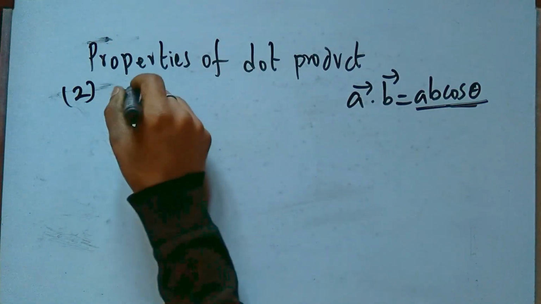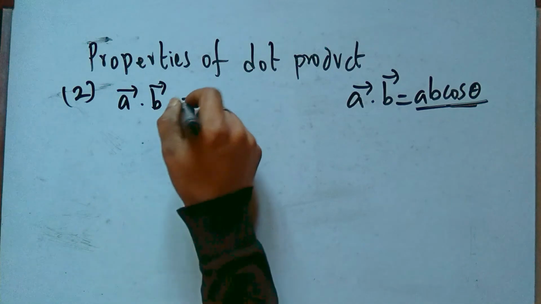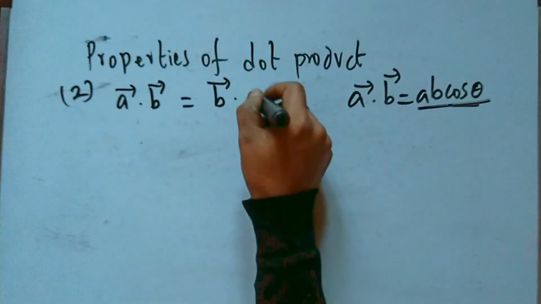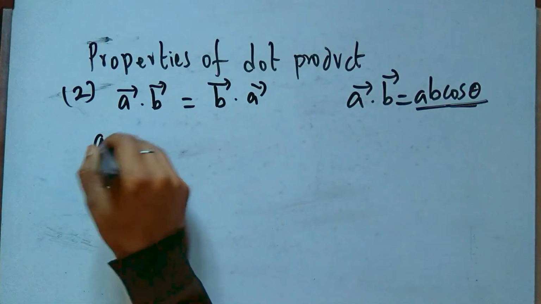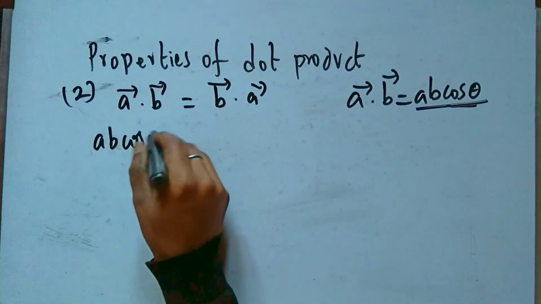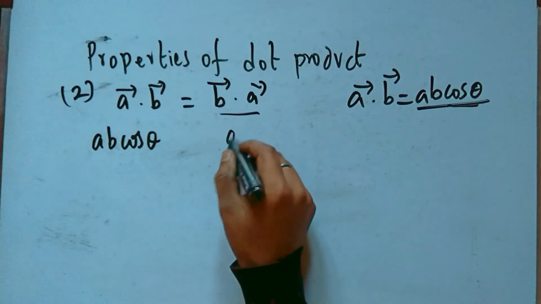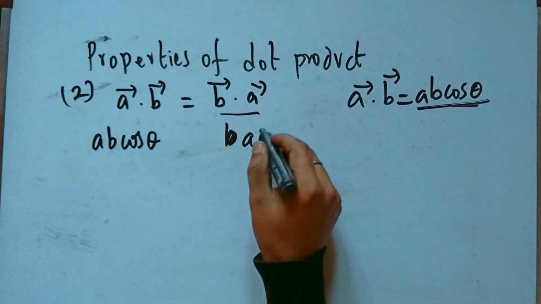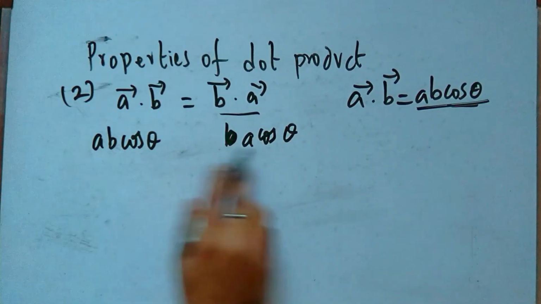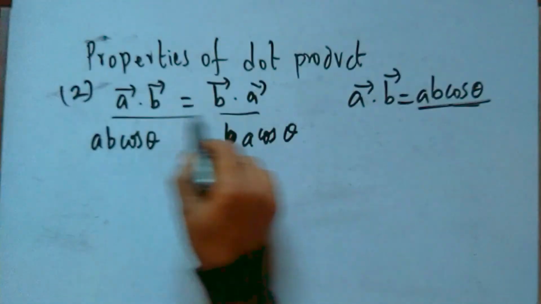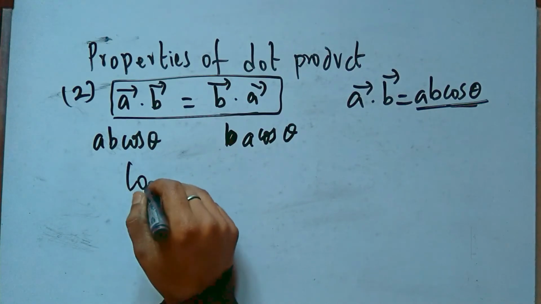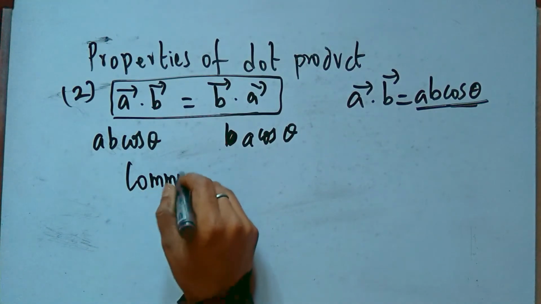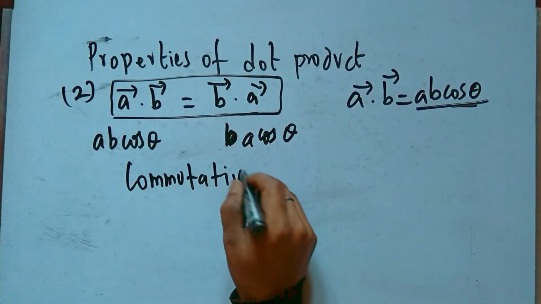So A dot B is equal to B dot A, because if we find dot product of this, it is AB cos theta and this is BA cos theta. Both are equal. Thereby this equation holds true. This property is called commutative property.